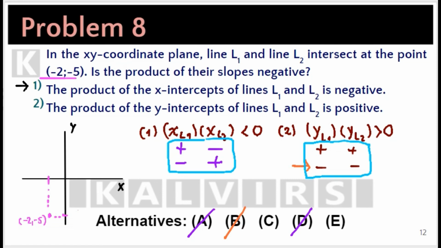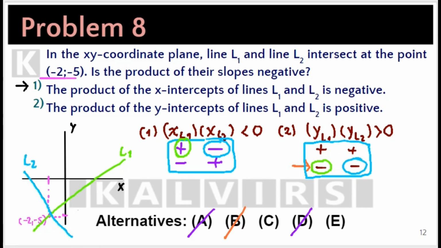So we can do the following. It can be a positive x-intercept for line 1 and a negative y-intercept for line 1, and a negative x-intercept for line 2 and a negative y-intercept for line 2.